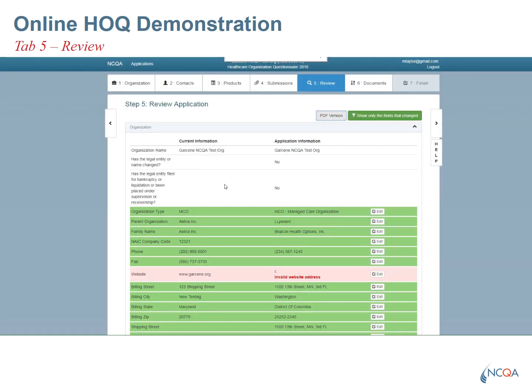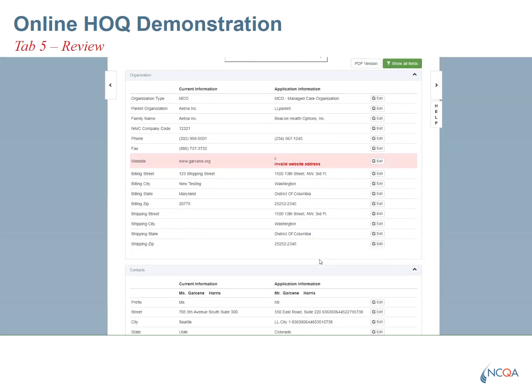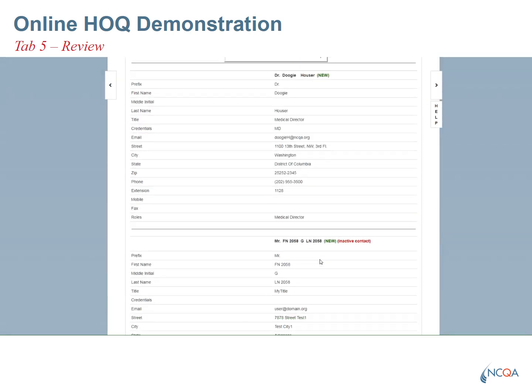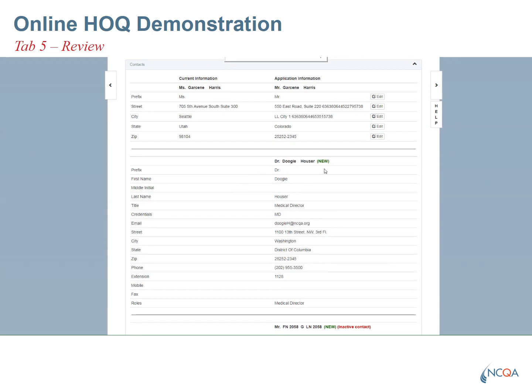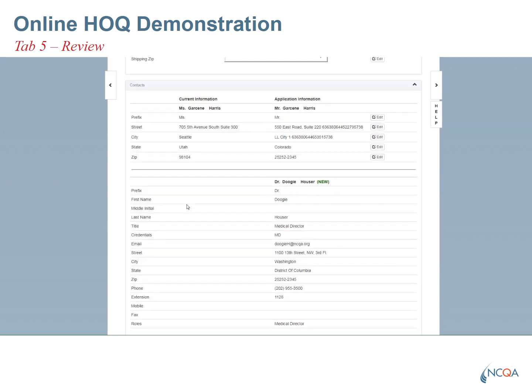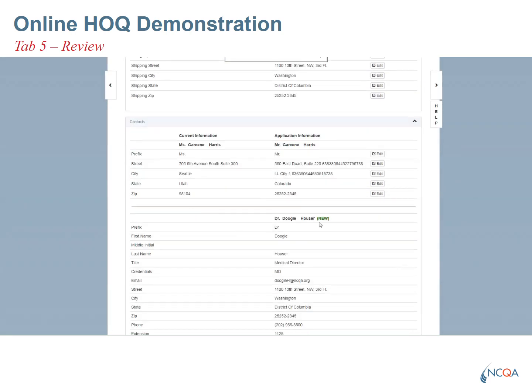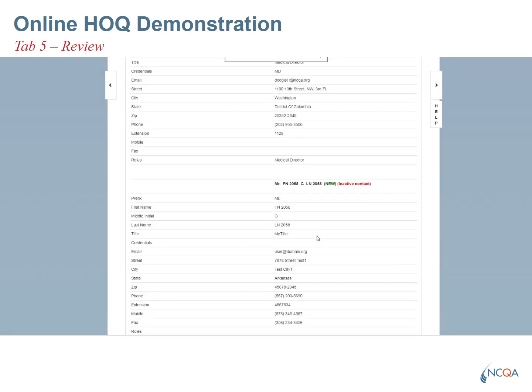But we're going to close this window out, go back. Now, if you only want to see things that were changed, you can just show only the fields that have changed, and then you'll see what they changed to listed here. If there is anything new, a new contact or a new product line, you won't have anything over on the current information because it's new, but it will show you that it's new, with the green new listing beside it.